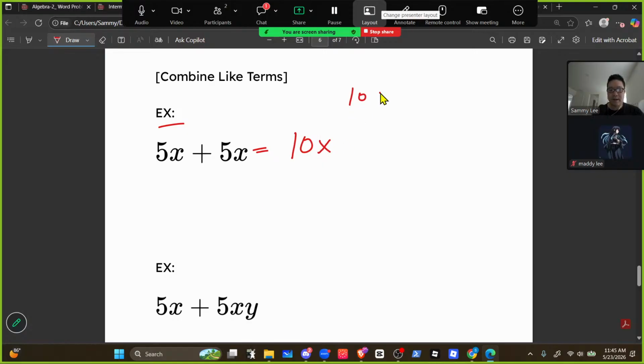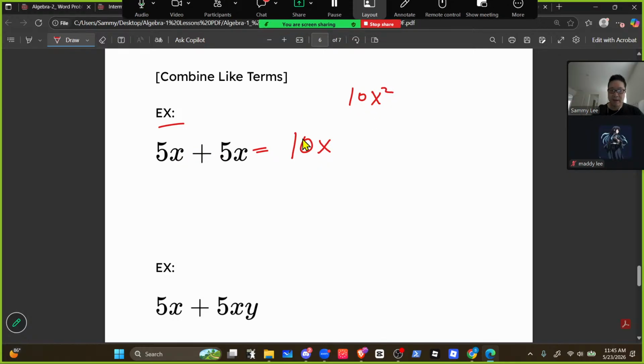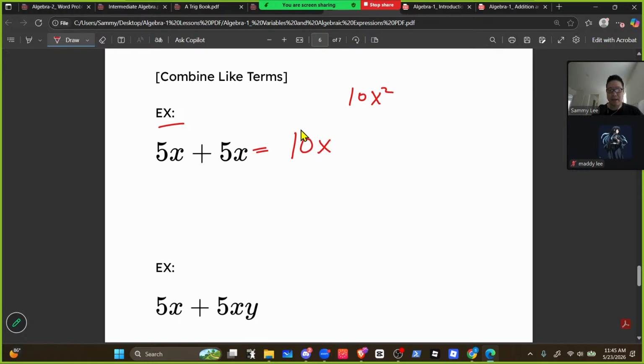This is not 10x squared. We're not multiplying, we're adding or subtracting. And in that case, the variable part will stay the same. Okay, so if this was something like 5x squared plus 5x squared, we would combine them to get 10x squared. Okay, the variable parts stay the same. You're just adding the coefficients.